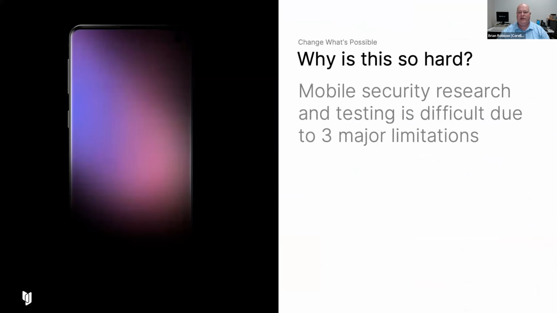All righty. So just a real quick overview for those of you who are not really familiar with Corellium. We are in the business to help solve three core problems, which is, why is mobile security research so darn difficult?